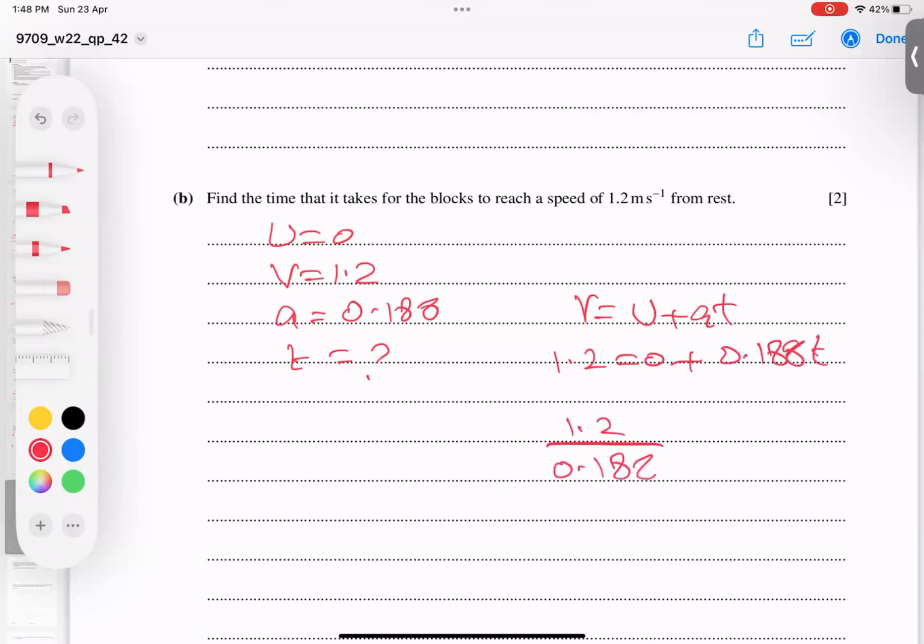I'm typing in the calculator. So it is coming, time becomes 6.3838 seconds. I hope the idea is very, very clear.